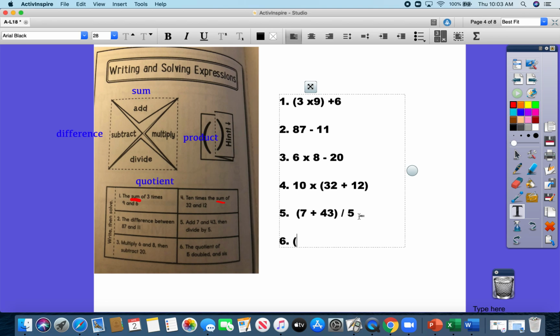So the first thing that I have to do is I have to double 15. When I double 15, that means I'm going to multiply it. Quotient means to divide by 6. Kind of tricky, but I think you guys can get it. So take a minute and just practice your order of operations to get these answers, and then I will go back through and give them to you. Pause me and solve those.